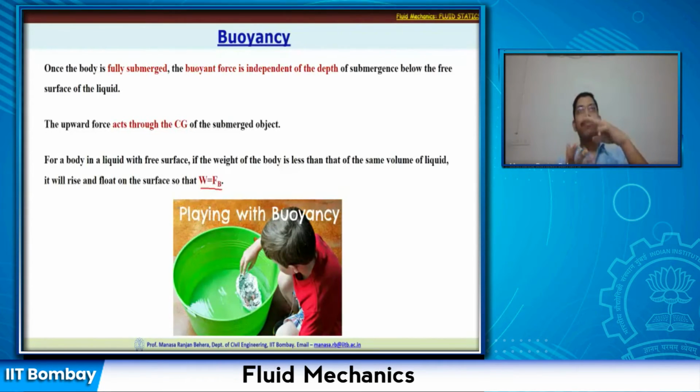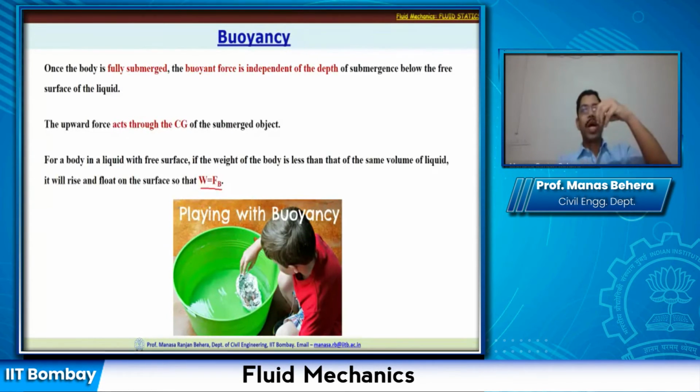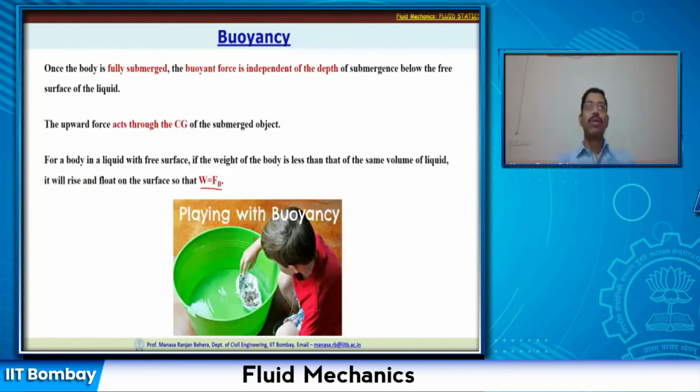So for stability or for a static equilibrium condition, the weight acting downward and the buoyancy force acting upward both have to be the same. Now if the body is floating, then what is the condition? The weight of the body is less than the same volume of liquid that is displaced by the body.